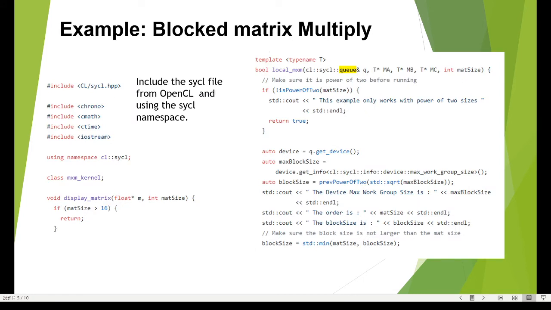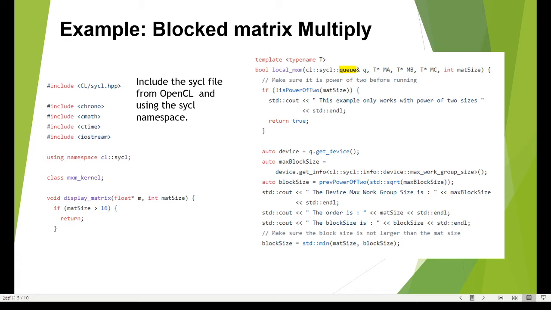This is a sample code from Compute CPP. It's called blocked matrix multiply. Because there is a lot of code inside the example, I will only show the code that is important and related to SYCL, and try to give you a feel of coding with SYCL.